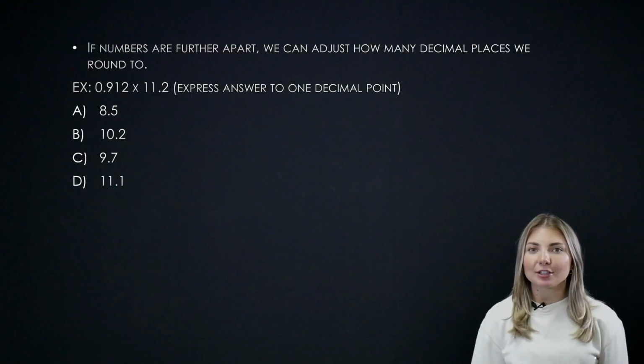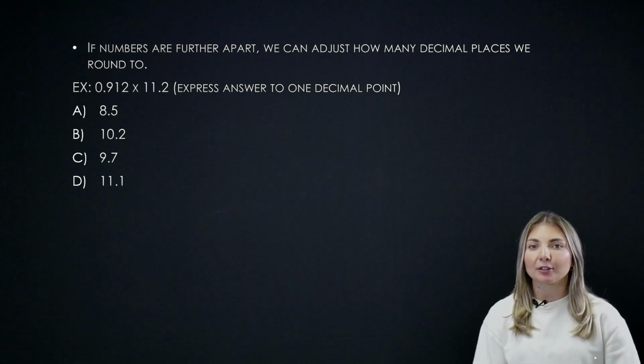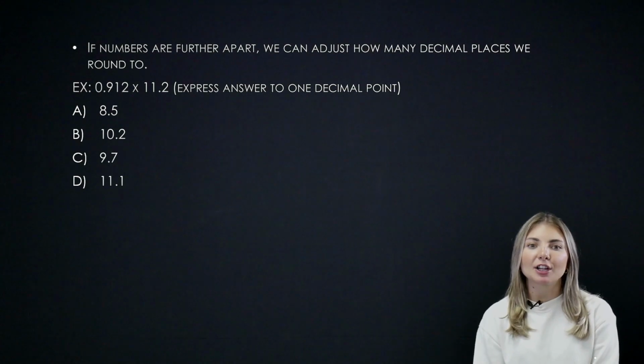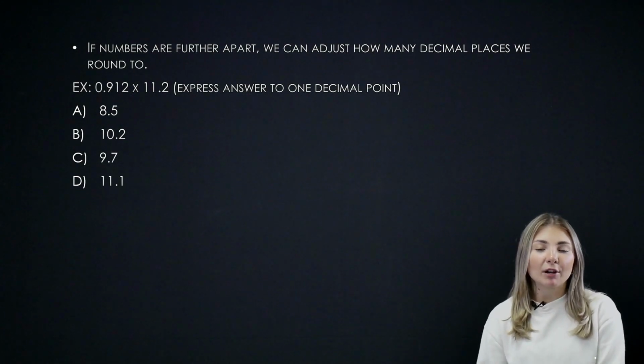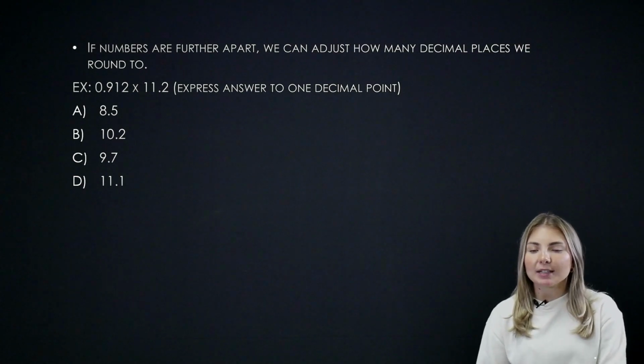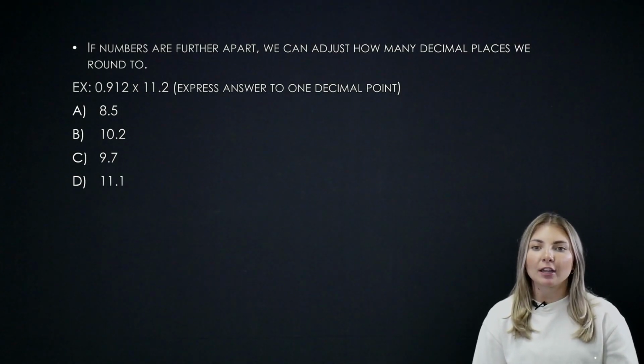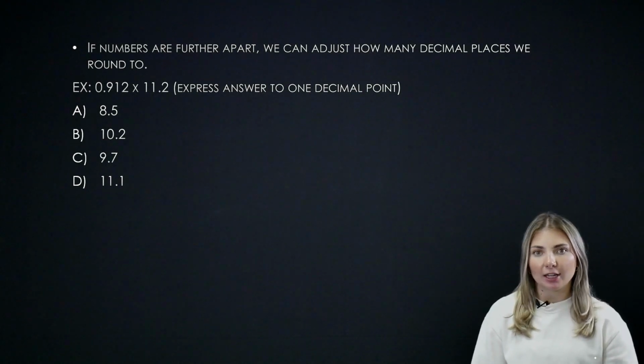As previously mentioned, when we are given answer choices on the MCAT with numbers that are either further apart or closer together, we may want to adjust how many decimal points we are rounding to. So specifically for this example, we can see that each answer choice is further apart from each other, varying by almost 1 whole number each.